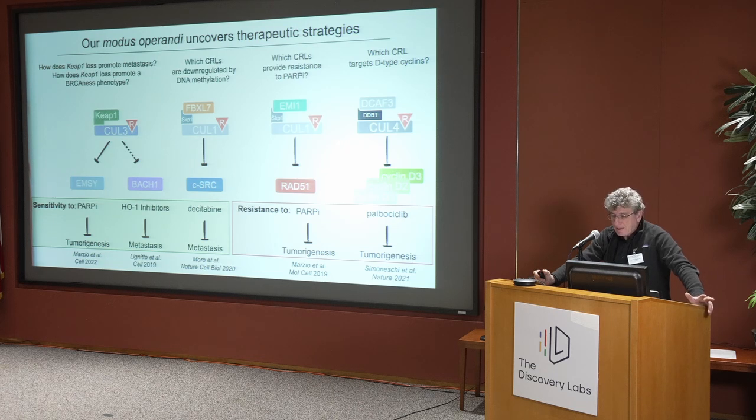And of course, we test these once again in cell cultures as well as in mouse models. I would like to go a little bit deeper for one of these particular studies, and I will go through how we discovered that DCAF3, also known as AMBRA1, targets D-type cyclins for degradation.